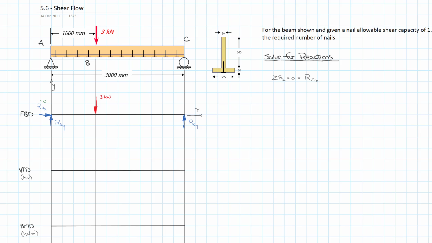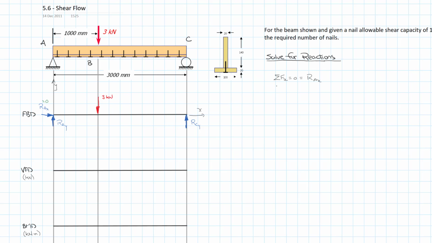And then let's go ahead and solve for our reaction at y by applying our sum of the moments about A equals 0. We'll use clockwise positive. So about A then, RAX, RAY don't count because their perpendicular distance is 0.